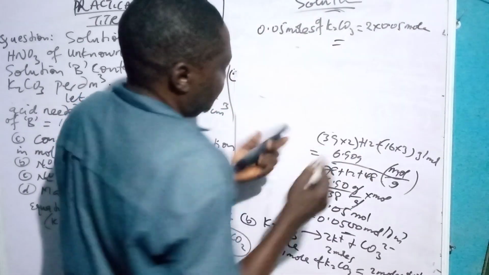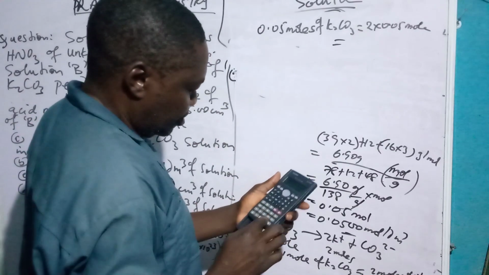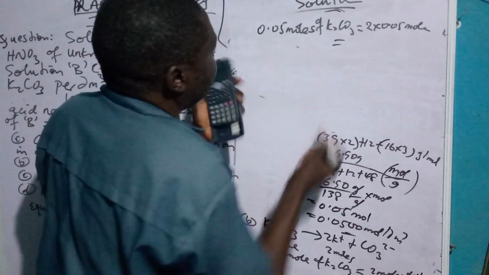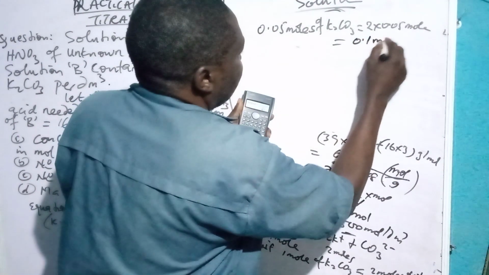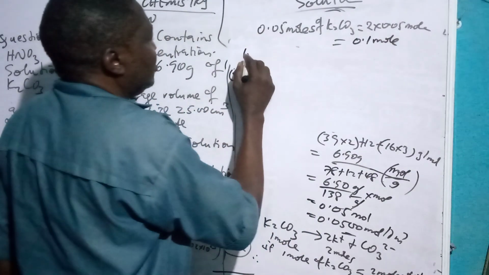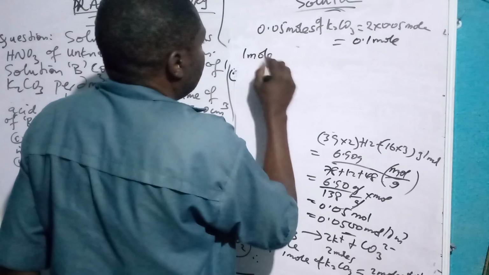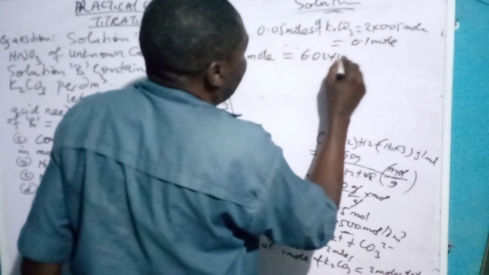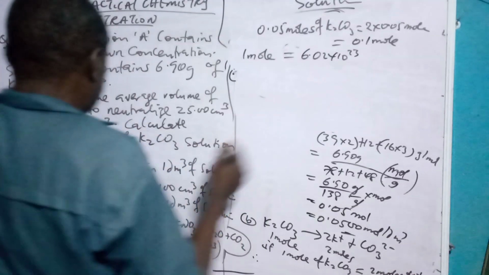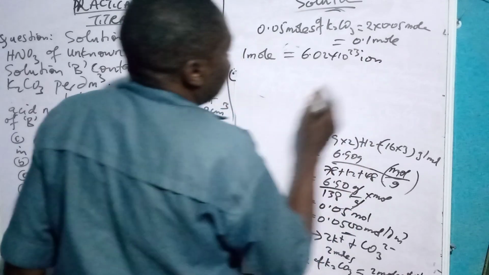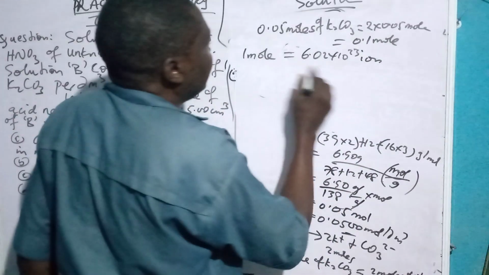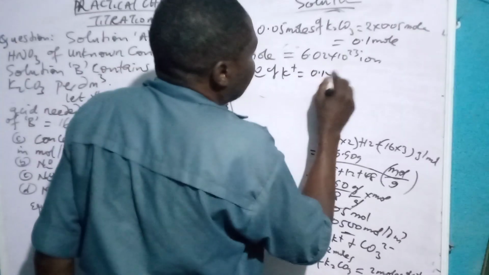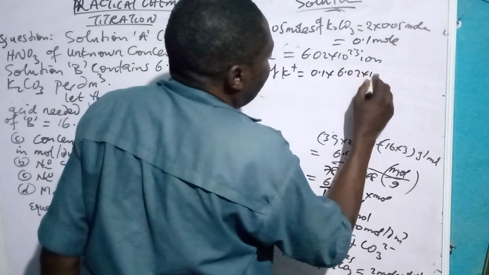So it now gives you 2 times 0.05, you have 0.1 mole for now. But 1 mole is equivalent to 6.02 times 10 to the power 23 ions according to Avogadro's number or constant. Therefore, number of potassium ions will be 0.1 times 6.02 times 10 to the power 23.